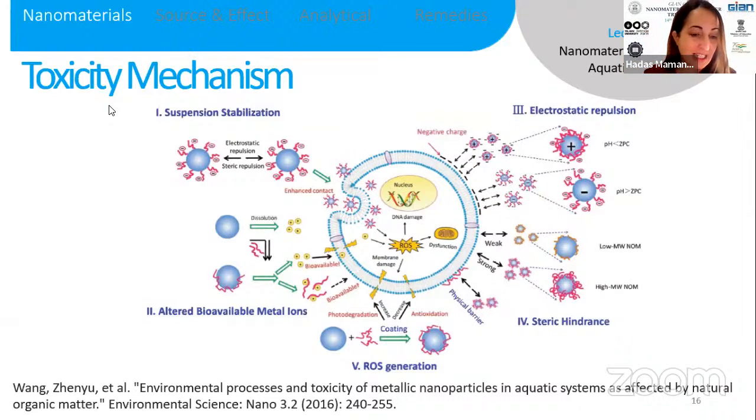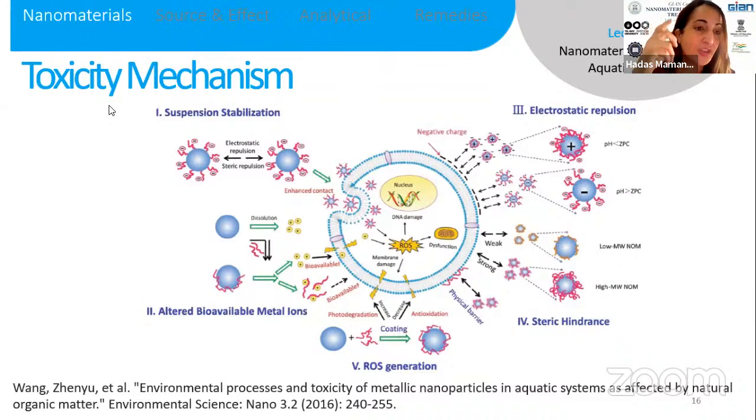One thing is that it can result in suspension stabilization change. After the interaction of the nanoparticle with the NOM, for example, a study showed that metallic nanoparticle aggregates were broken down. That results, of course, in a much lower hydrodynamic diameter compared to the aggregate. This also increased the stabilization of the suspended metallic nanoparticle.